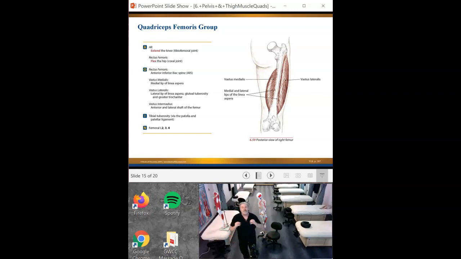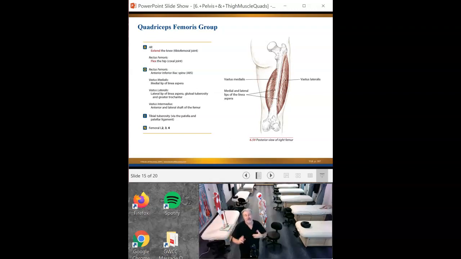So the origins for these muscles tend to be in their name if you understand the muscles. If you understand that the quads essentially, in general, start on the femur and reach across the knee into the tibia, we know they all insert into the tibial tuberosity via the patella and the patellar ligament.